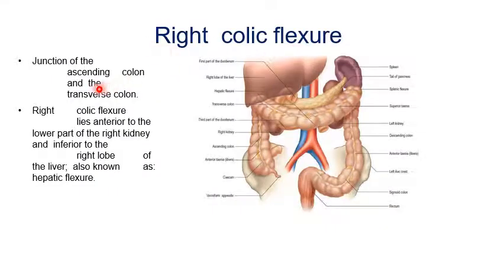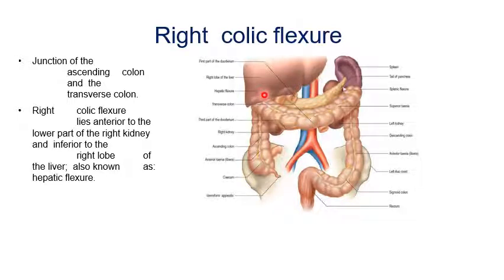Right colic flexure is the junction of the ascending colon and the transverse colon. This is the junction, it is known as right colic flexure. It lies anterior to the lower part of the right kidney. Lower part जो होगा right kidney का, right kidney lies just posterior to the liver.